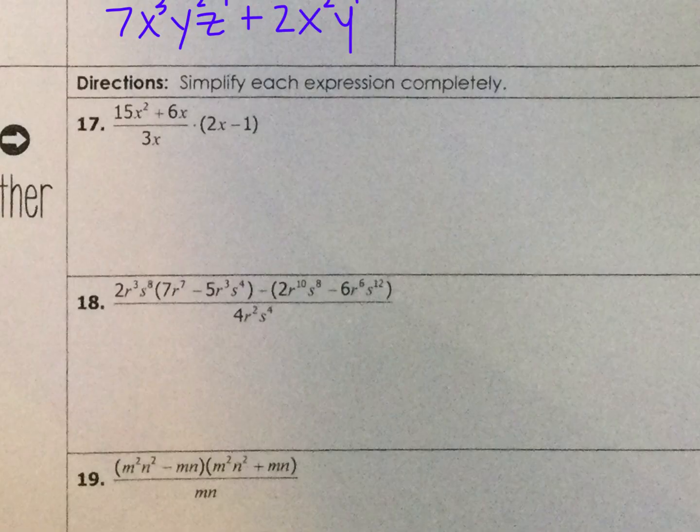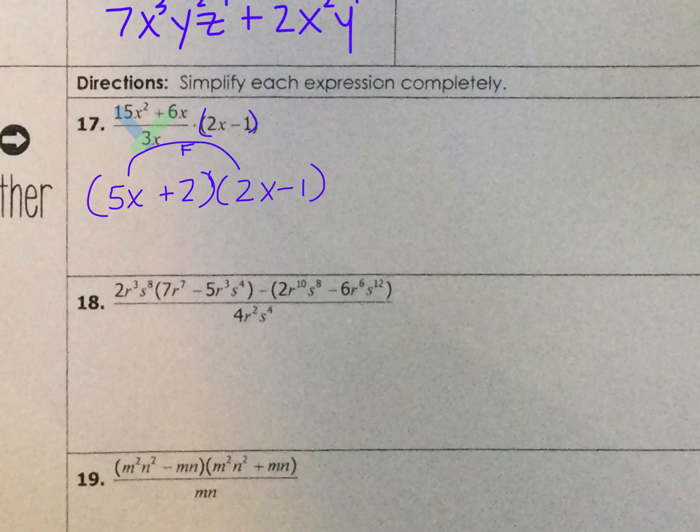This first one, I'm going to start by doing my little distributing. 15 divided by 3 is 5x to the 1. 6 divided by 3 is 2x to the 0, but we don't write that, so just a 2. Now, I've got to multiply it by this guy. So, let me put parentheses. And now, this looks just like the foiling we were doing the other day.